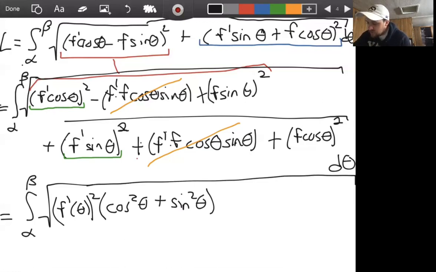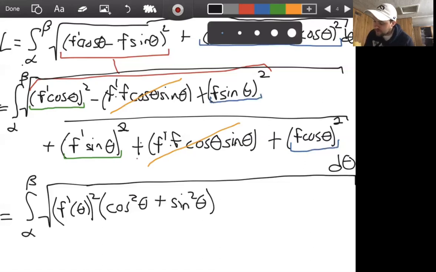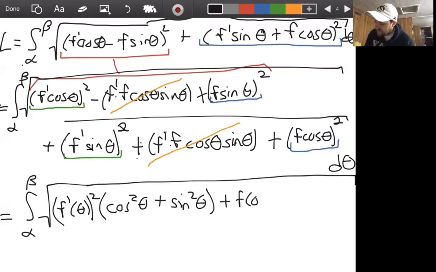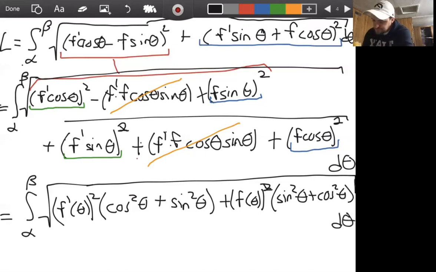And then we can do something very similar, but now with f squared sine squared theta and f squared cosine squared theta. These both have an f squared in common. So we can pull out the f of theta squared in common. And if we pull that out, what's left from the first term is sine squared theta. And what's left from the second term is cosine squared theta, in square root d theta.